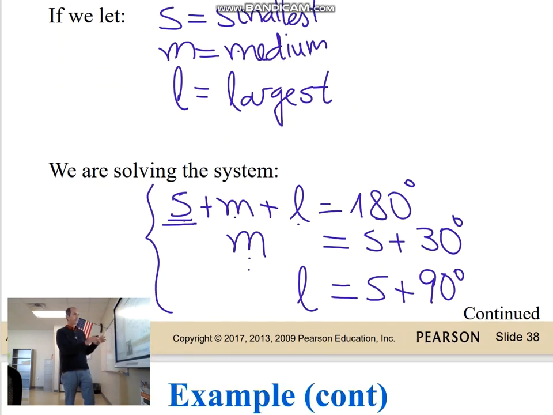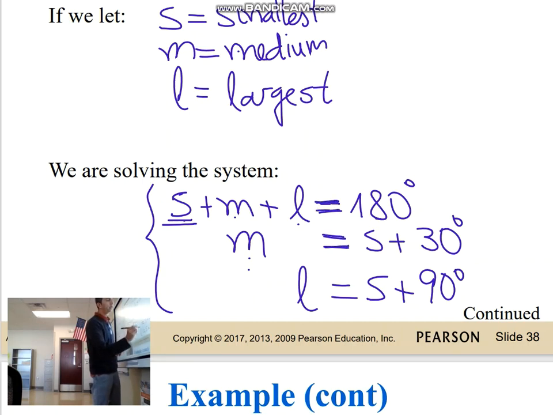We have a system of 3 equations with 3 variables, and we can apply the substitution method or even the elimination method to solve this system of linear equations.